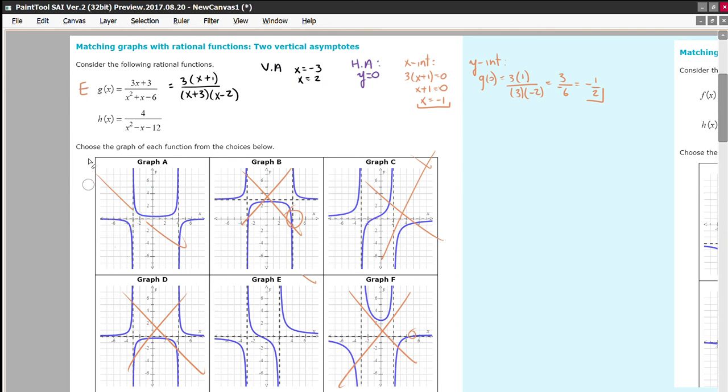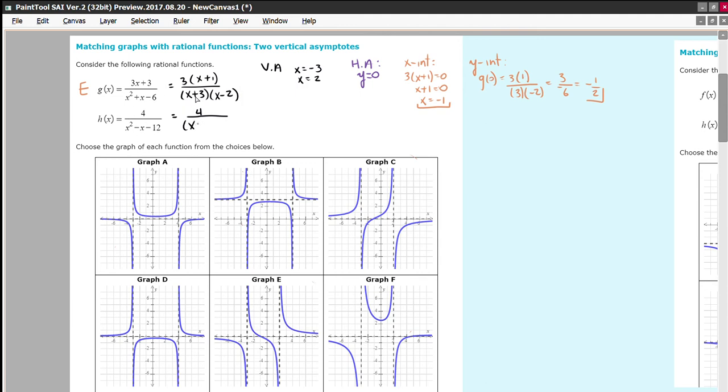Let's do the same procedure with function h. So, first of all, let's factorize the function. My numerator is a constant polynomial, and my denominator is two numbers that multiplied give me -12 and added -1.